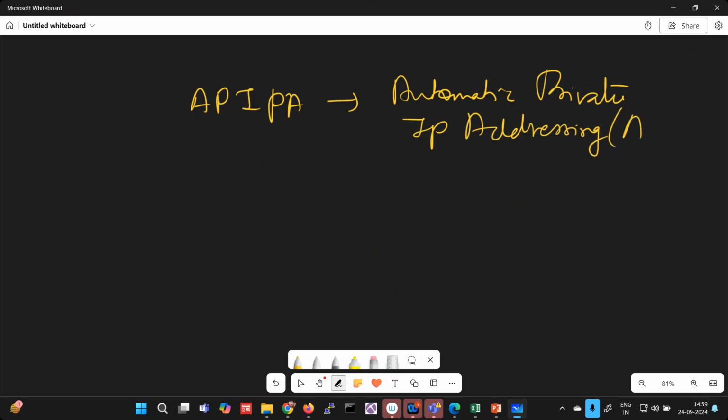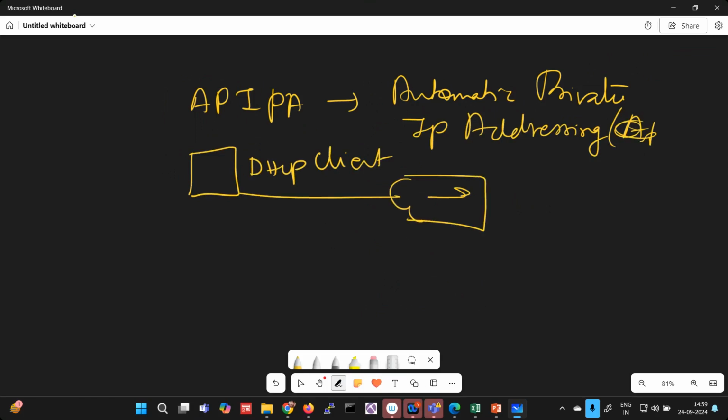I am writing it in short here. So this APIPA is nothing but this: you have configured your machine as a DHCP client, with the obtain IP address automatically option set, but in your network there is no DHCP server available due to any reason. Because of no DHCP server, this machine will temporarily allocate itself an APIPA range IP address, which will always start with 169.254.xx.yy.